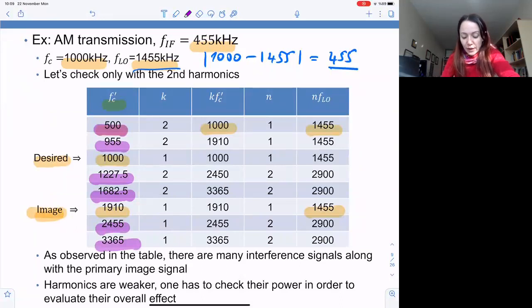Now, in order to reduce the effect of these things, of course, the better the RF amplifier, the more quality the RF amplifier, the more reduced these interference components will be. Of course, the harmonics are hopefully weaker to start with as well.